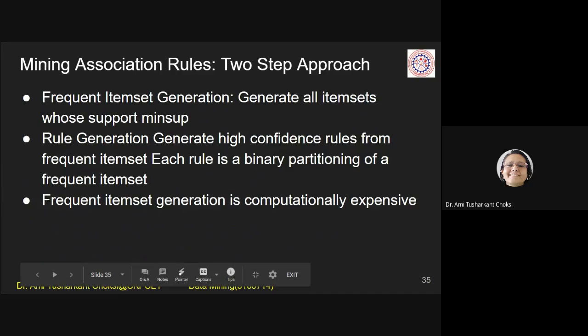So mining association rules, two-step approach. One is frequent item set generation, that is generate all item sets whose support is equal or greater than the minimum support.